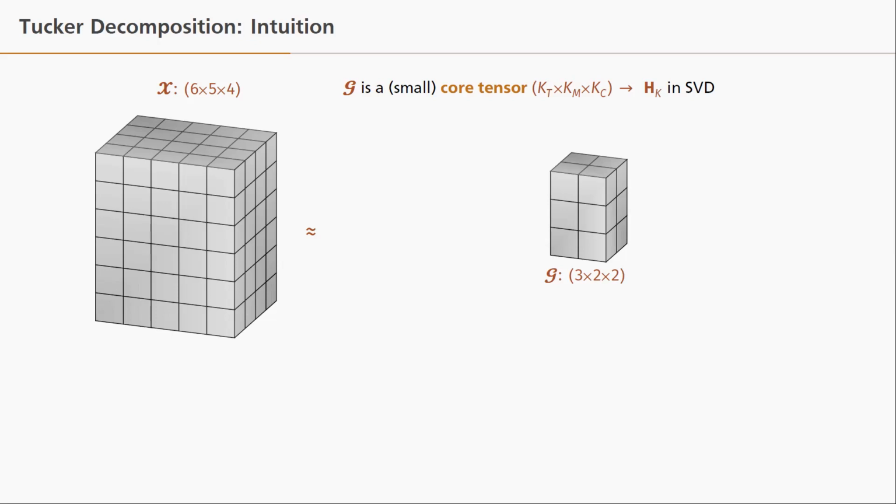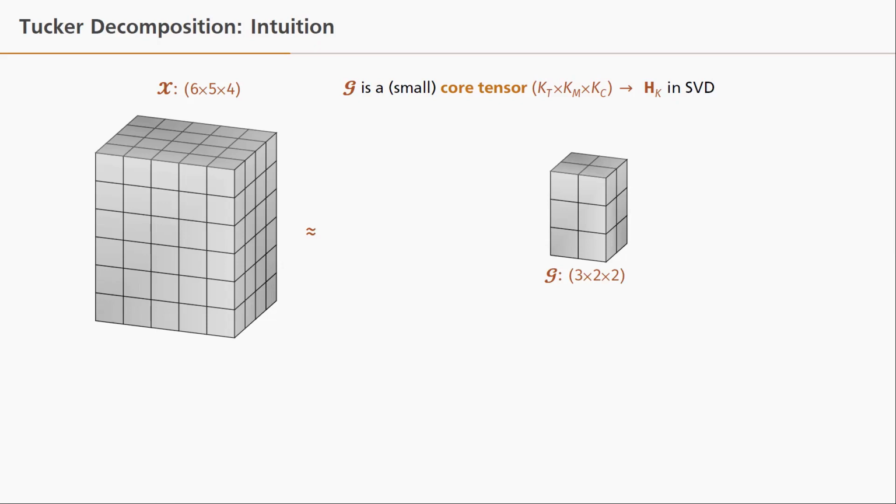It's a small tensor, here 3 by 2 by 2. These will be the dimensions that I'm choosing, so there are 3 factors in the first and 2 factors in the second and third. The idea is that the core tensor is a compressed version of the large data tensor.